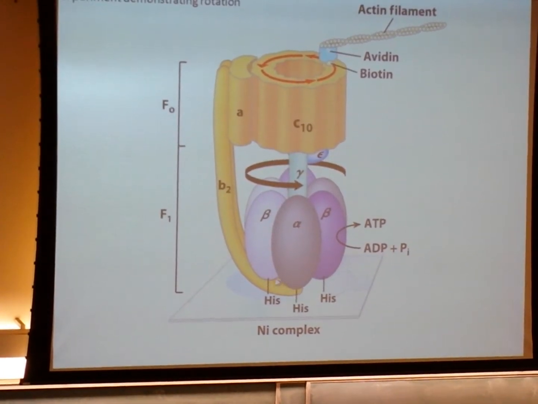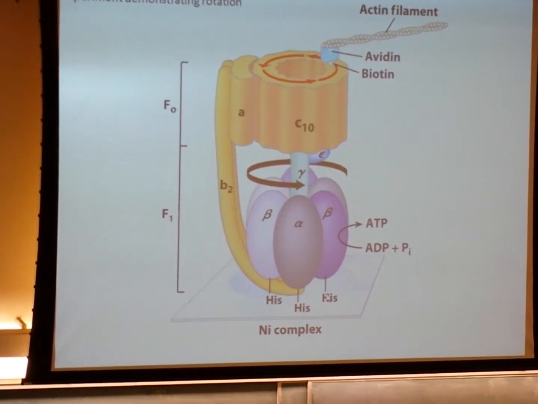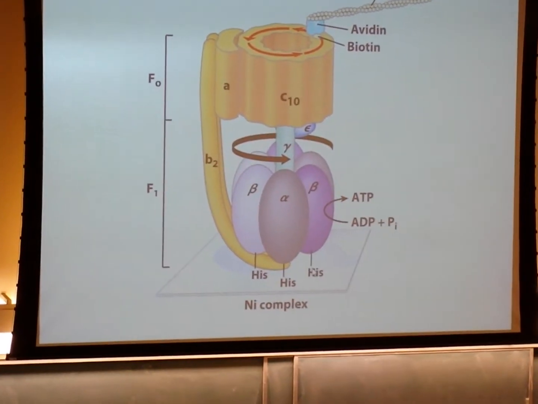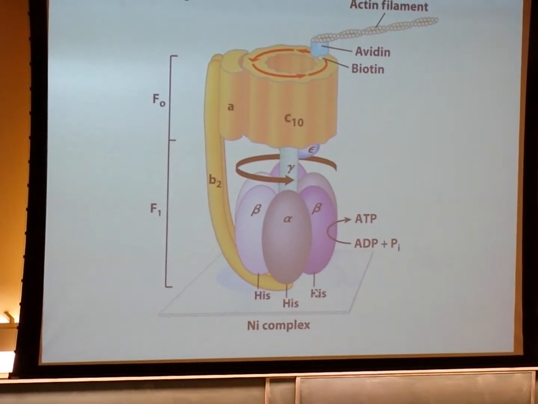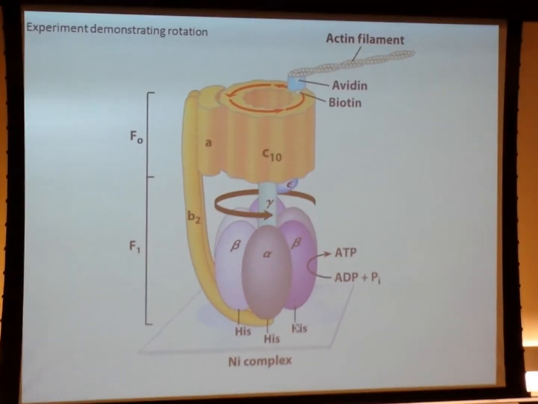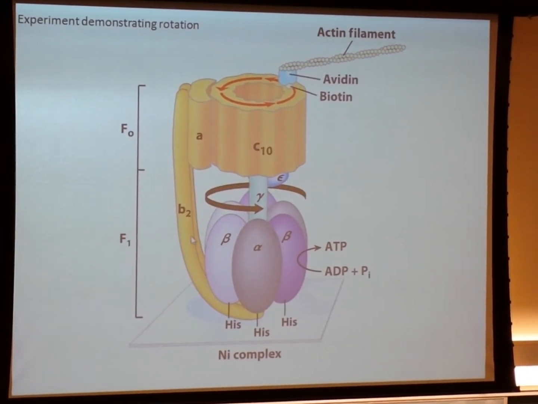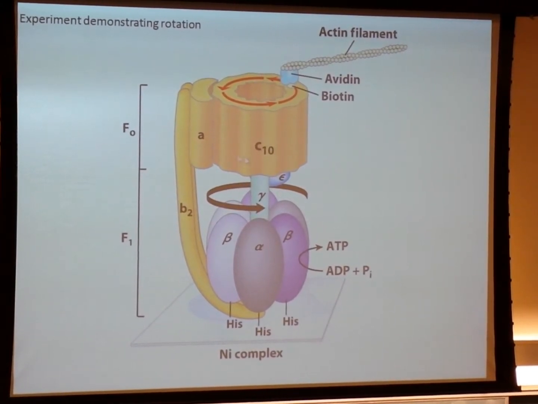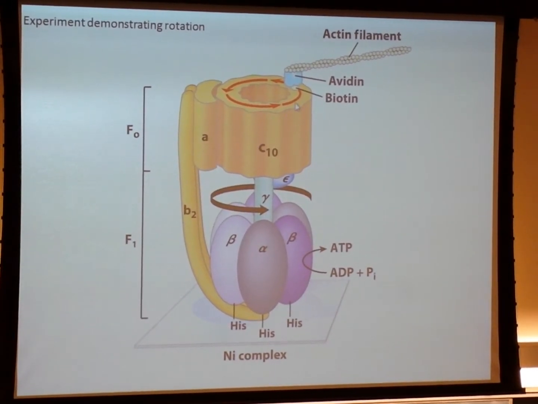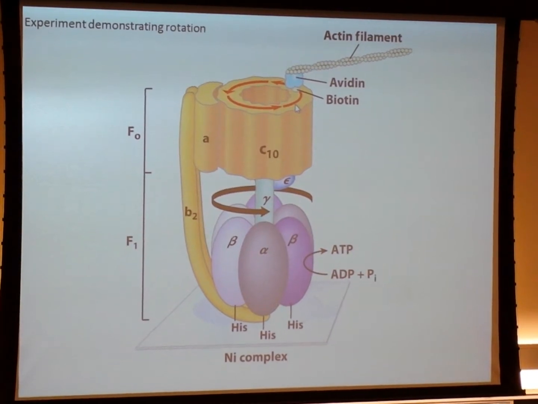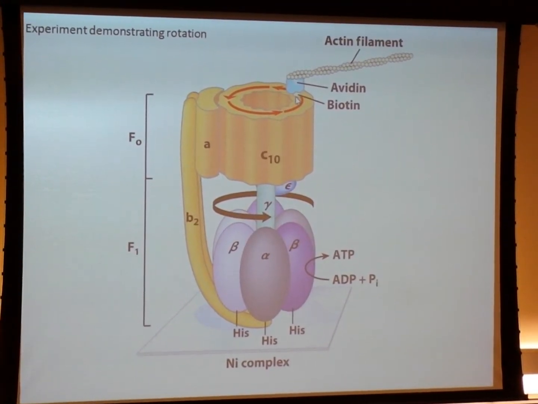And so these guys are going to bind with this orientation, but now they can't come off the slide. Are you with me on that? So they genetically engineered the alphas and betas so that they would stick in this position. Now they've got this thing like this, and now what they do is they engineer the C subunits to have biotin. You know the molecule biotin.